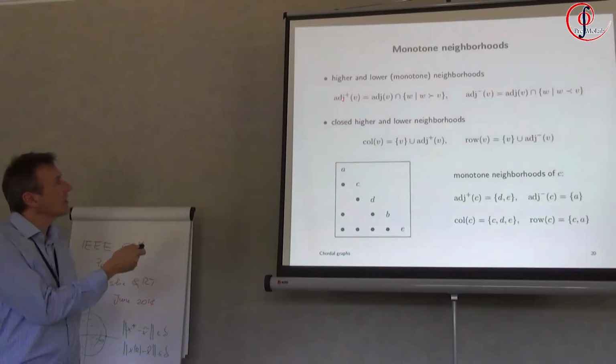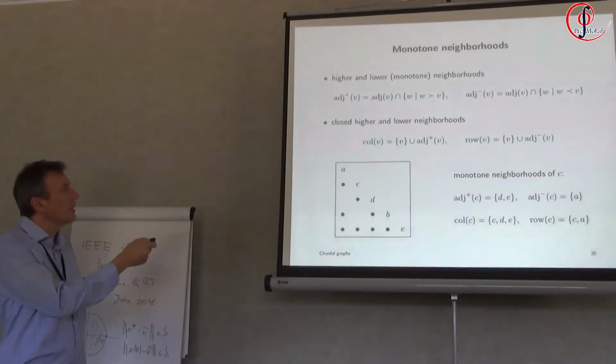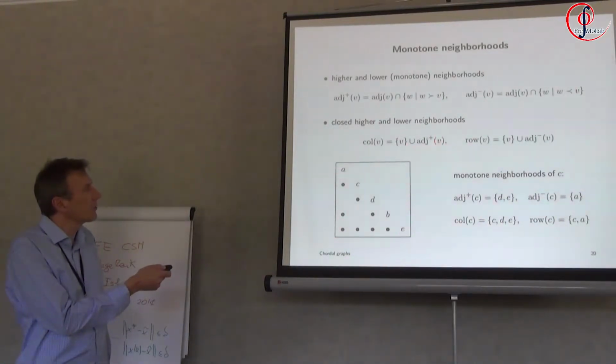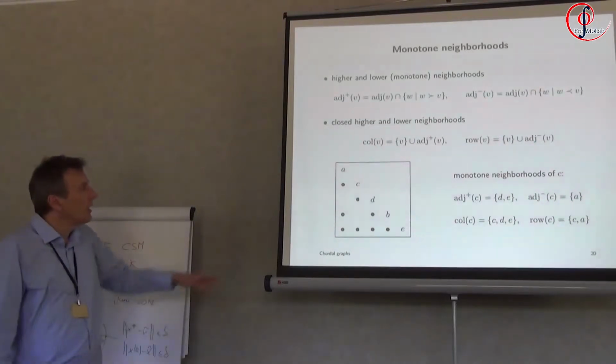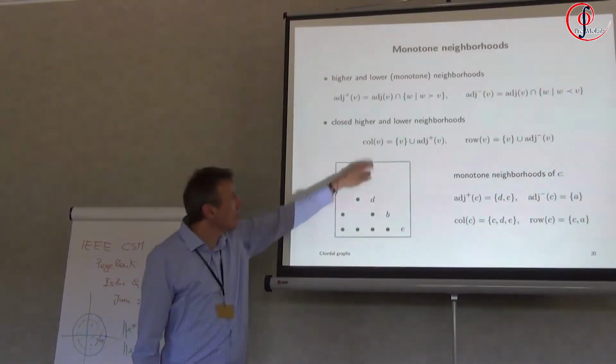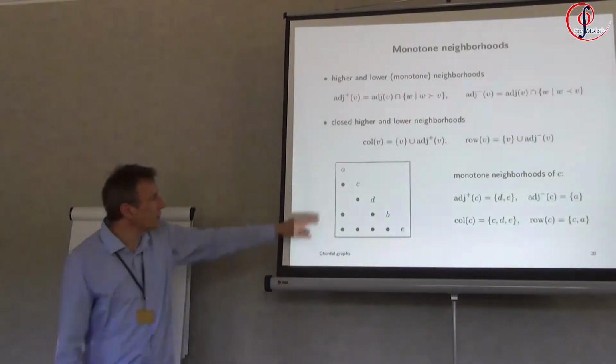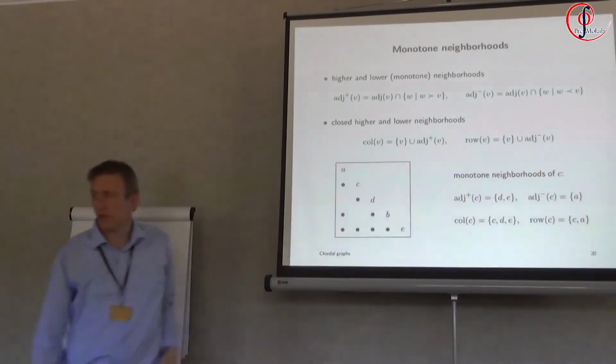And we'll use this notation, so the notation for the neighborhood with a superscript plus for the higher neighborhood and minus for the lower neighborhood. So if you add the vertex itself, so you take the neighborhood plus the vertex, we call it a closed neighborhood. We use notation col for column and row for the closed lower neighborhood because they're the column and the row in this array.